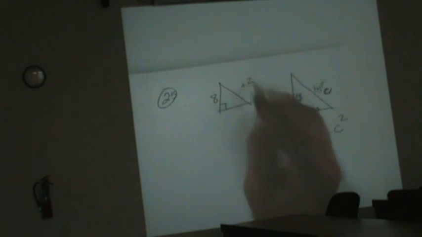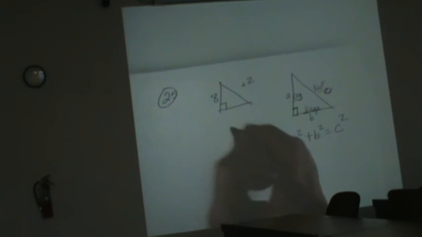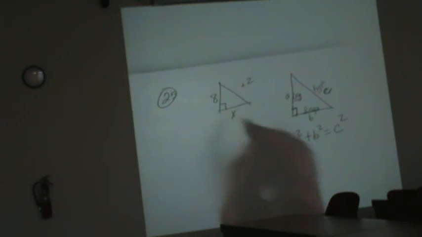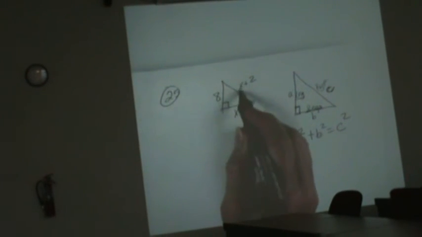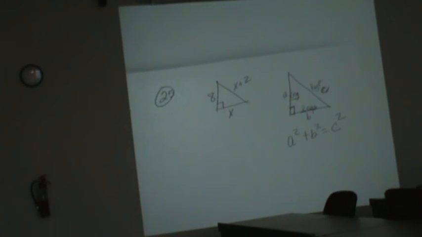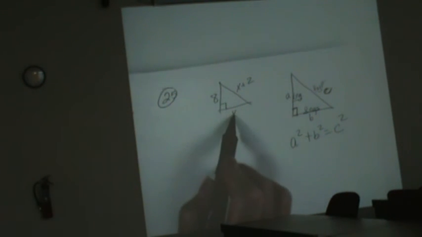The length of the hypotenuse is 2 feet longer than the other leg. So we'll make the other leg X. This is 2 feet longer than the other leg, so it'll be X plus 2. Okay? So now we'll use this as our A and B here.